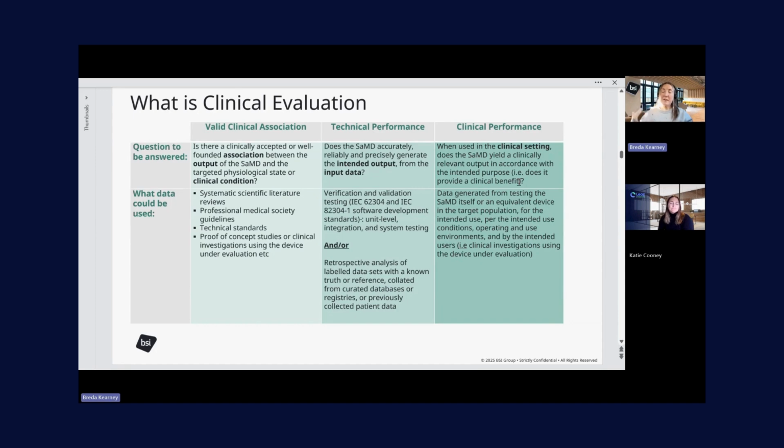It's hard to get your head around it, but it's all about when I put this medical device into the hands of the people that are meant to be using it and it's used as intended, what actually happens? Is it providing a clinical benefit?